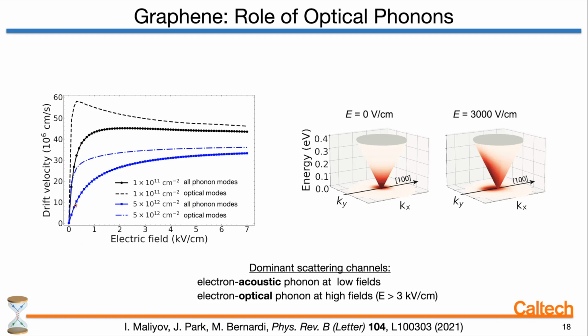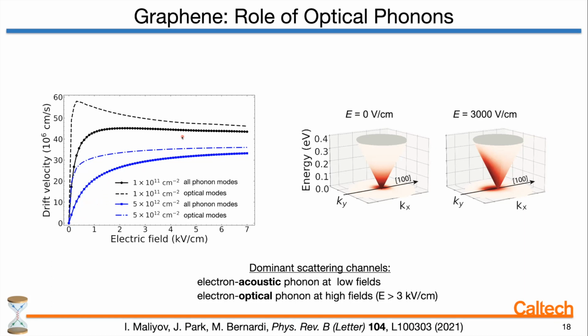However, in order to understand what the leading contributions are, we can actually turn off the acoustic contributions and see what is going to happen. First, we can see that at small fields, the curve is different. So we can see that probably the acoustic phonons are important here, because if you remove them, the drift velocity is different, right?